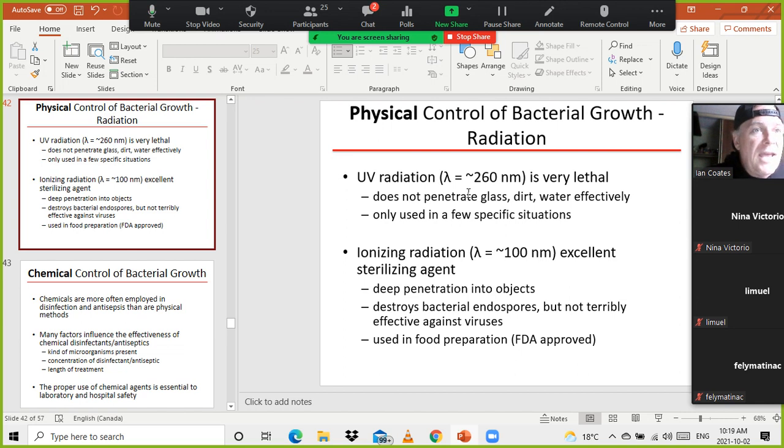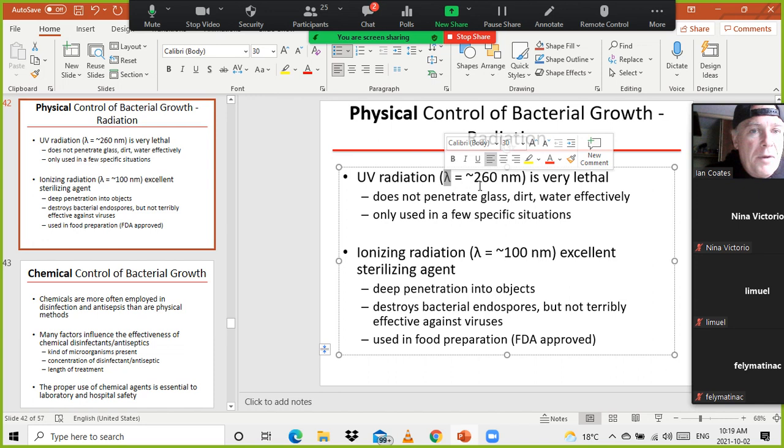What we use to see is a very, very small part of this spectrum of electromagnetic energy. Ultraviolet UV radiation has a wavelength of about 260 nanometers, and it is very lethal.